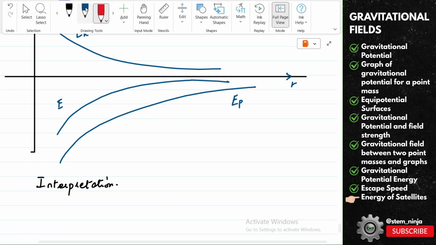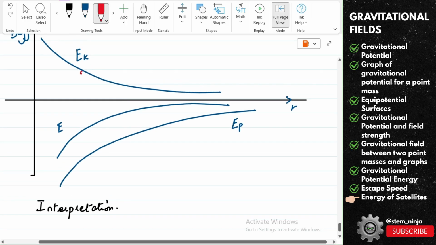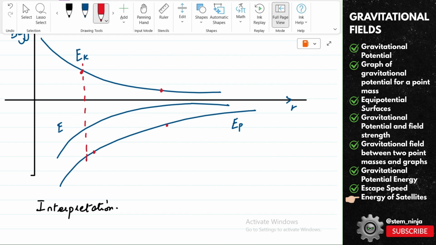We know that the change in kinetic energy is opposite to the change in potential energy. For example, if we move from a lower radius r1 to r2, the kinetic energy is reducing, but potential energy on the other hand is increasing.